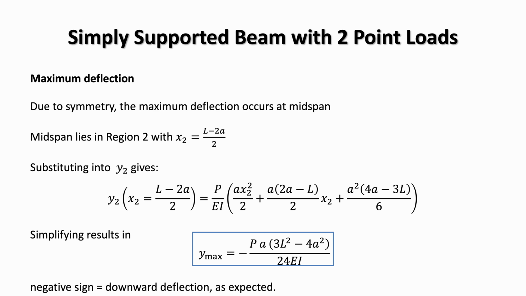Therefore, to evaluate the region 2 deflection expression, we need to substitute that x2. After simplifying the result, we can find that the maximum deflection is minus P times A times (3L squared minus 4A squared) over 24EI. This result gives the maximum vertical displacement of the beam under the two symmetric point loads and completes the solution for both slope and deflection.